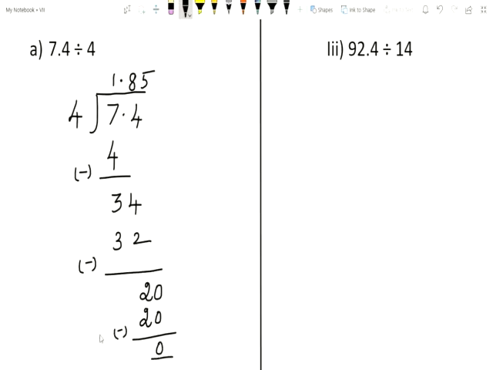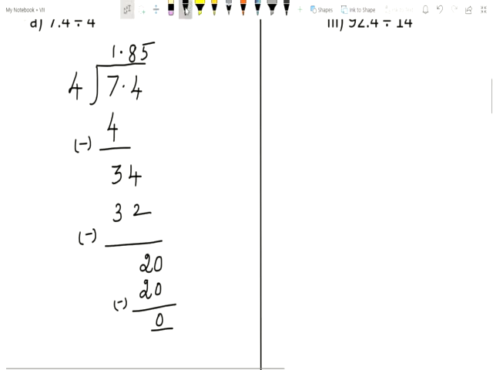Okay, children. Here, what is the quotient? Quotient is 1.85, and remainder is 0.